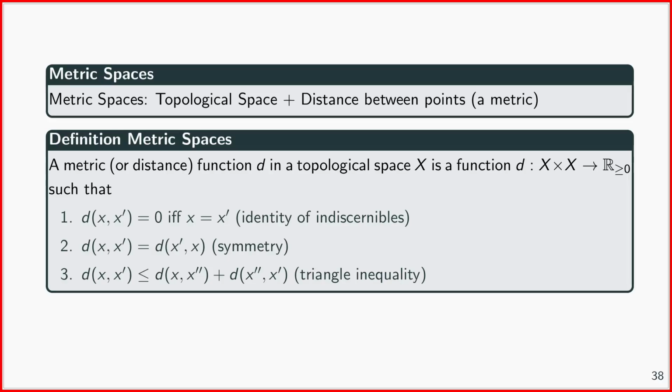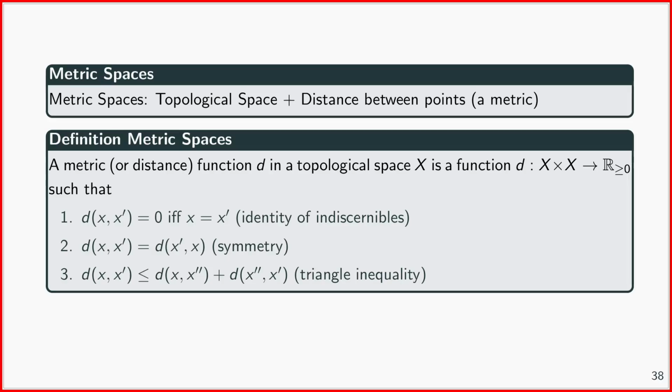And there are three constraints on this distance function. One is this identity of indiscernibles. So basically, if you have two points which are equivalent, then the distance should also be 0. And if the distance is 0, then those points should also be equivalent. The second one is symmetry. If you go from one point to another and you have a distance between them, then going the other way around should produce also the same distance.